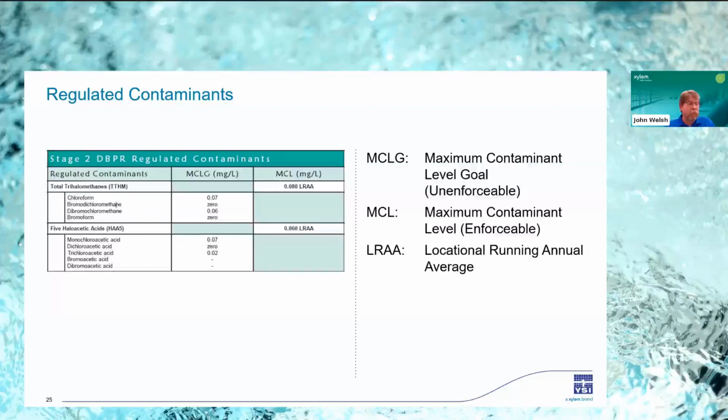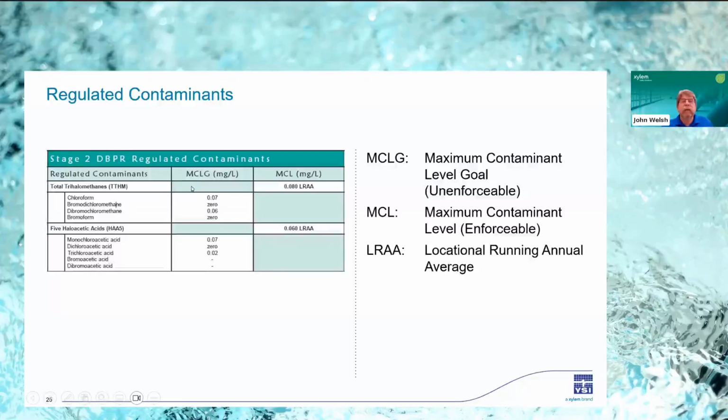Locational running annual average, LRAA, means the average of sample analytical results for samples taken at a particular monitoring location during the previous 4 calendar quarters. So each one of these is taken once per quarter, added up, divided by 4.